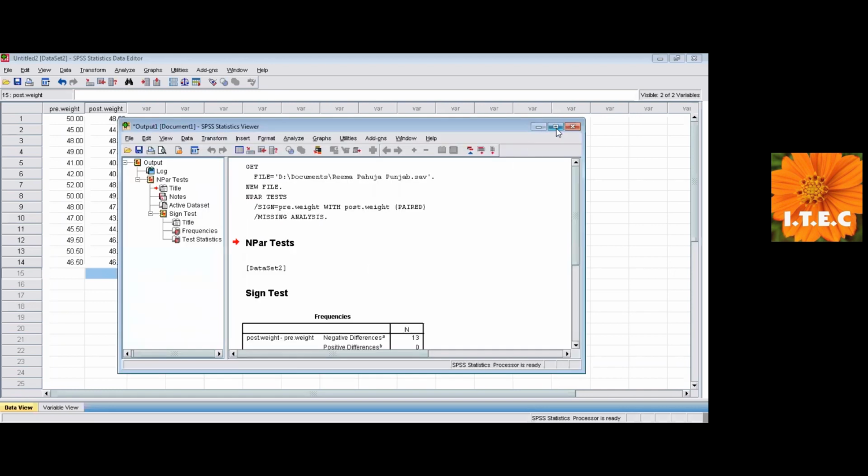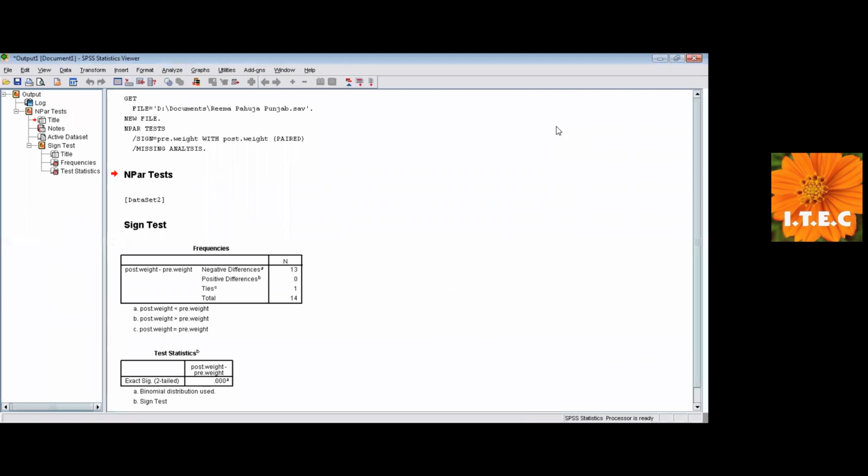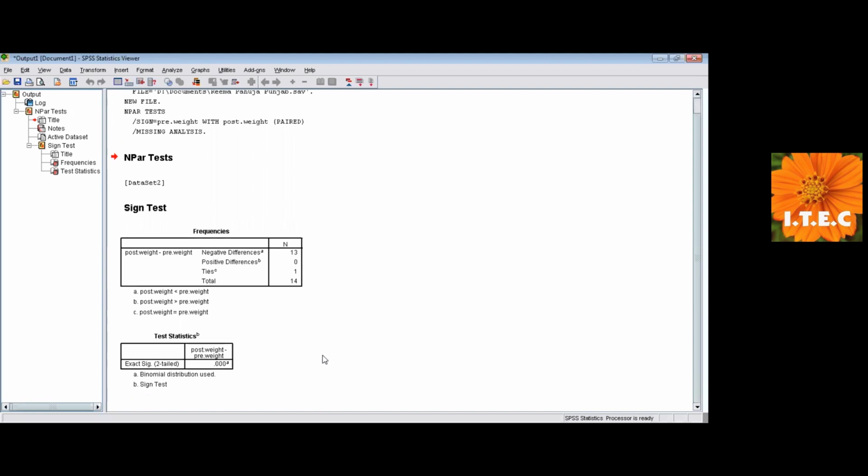Now this is non-parametric, and this is the negative difference, and this is the positive difference. And this is your statistics, post weight minus pre-weight. It is significant.